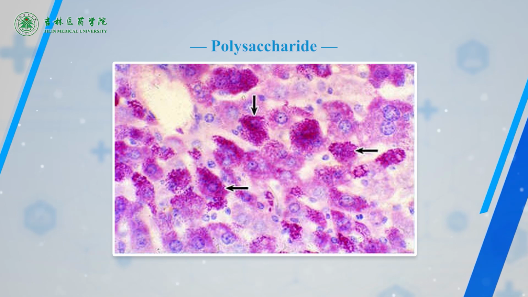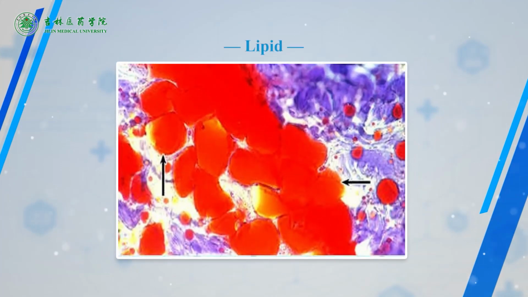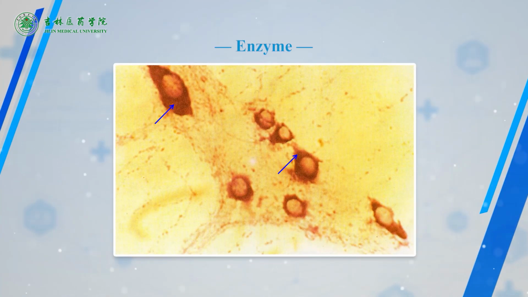PAS reaction is used to localize polysaccharides. The arrow indicates the glycogen in hepatocytes. Sudan staining shows lipid droplets in adipocytes. Enzyme histochemical staining shows the enzyme in the cell.